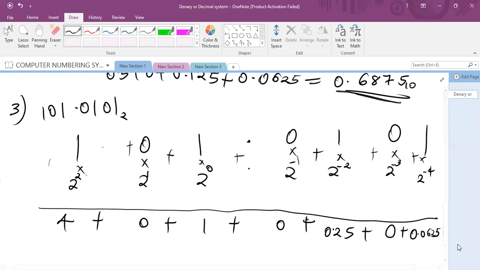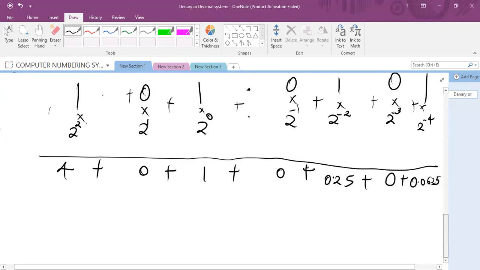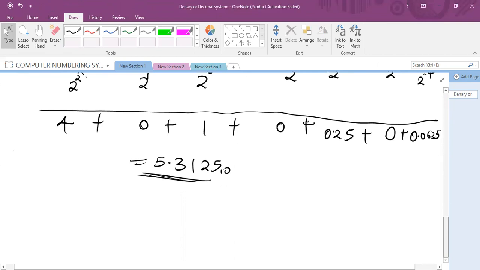So if we add all that up, we get our answer in base 10, which is 5.3125 to base 10. So basically that's how we convert binary numbers to their decimal or denary form.